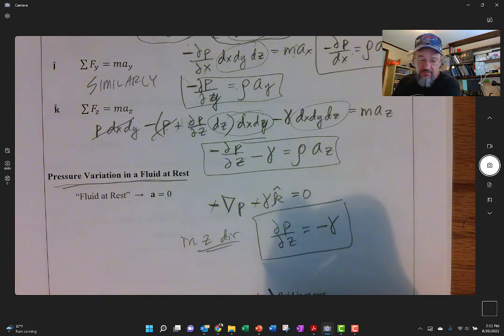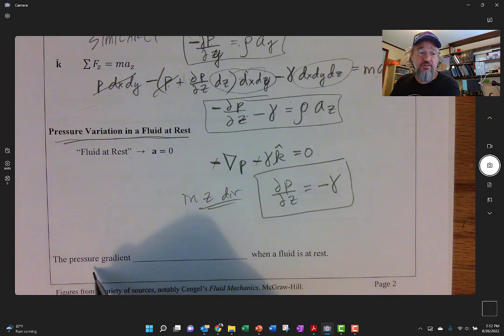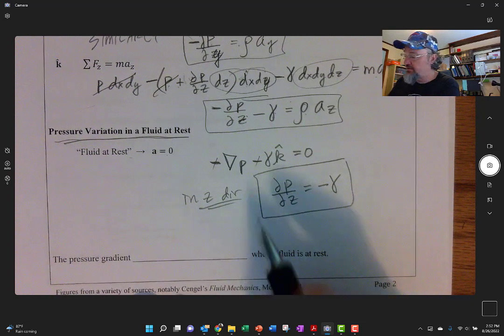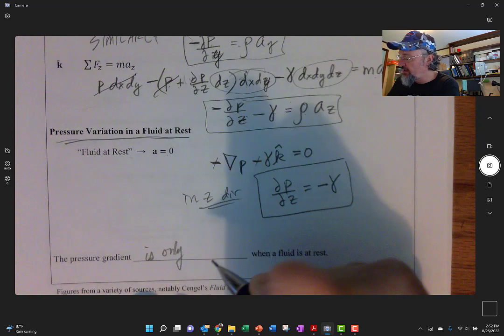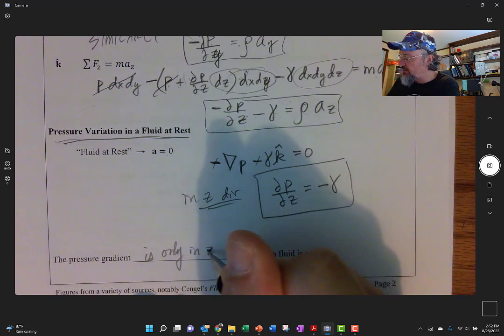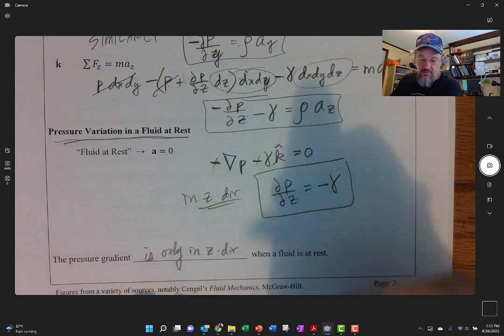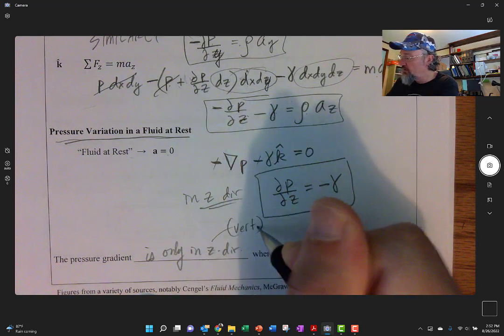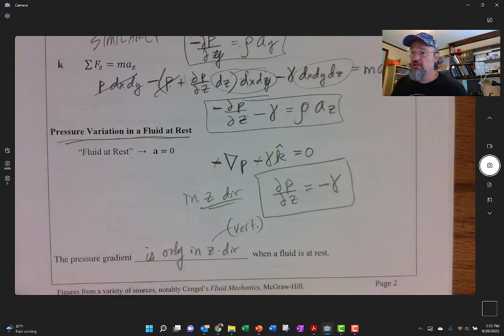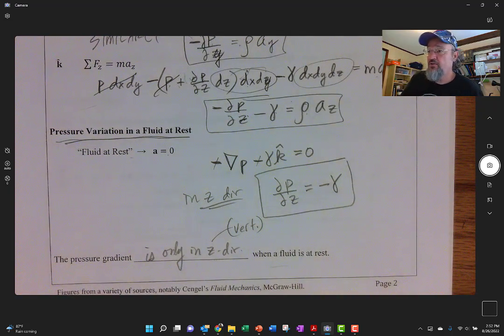So the conclusion is the pressure gradient is only, with an L in it, only in the z direction, or in the vertical direction, when the fluid is at rest. So that is our conclusion for today.